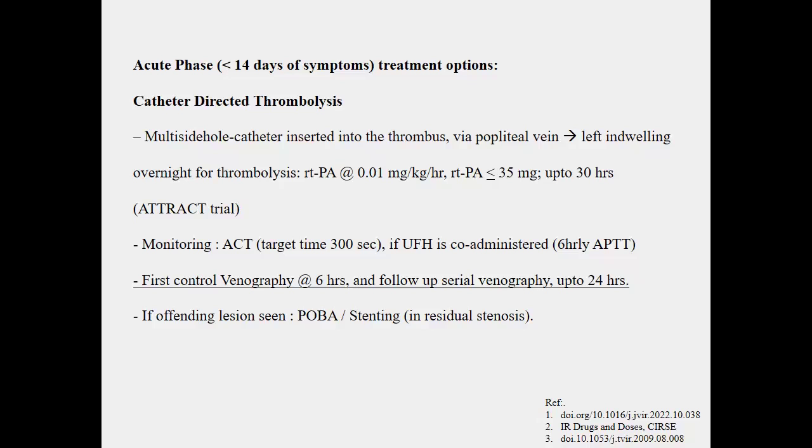Usually a subtherapeutic level of unfractionated heparin is given, and we keep APTT less than 50 seconds. And we keep taking control venograms in a stepwise manner after thrombolysis, up to 24 hours, to see the substantial recanalization of the thrombosed vein. In that process, if we see any offending stenosis in the proximal vein, we do a balloon dilatation and we keep it dilated.